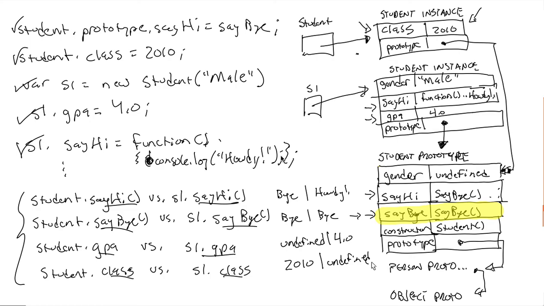So if you want to have some semblance of inheritance using JavaScript, you're going to have to do all this wiring together. It's really important to picture in your mind how these different instances and prototypes are wired together because they may behave in a strange way if you don't have this good mental model for how they are all connected together. So the big idea is you have to do the wiring.